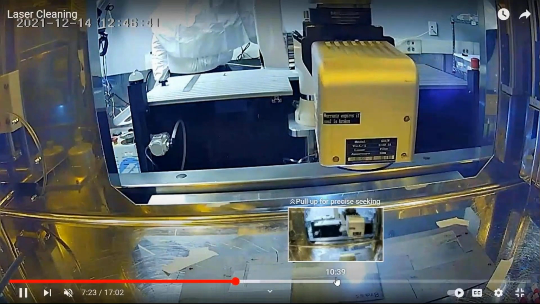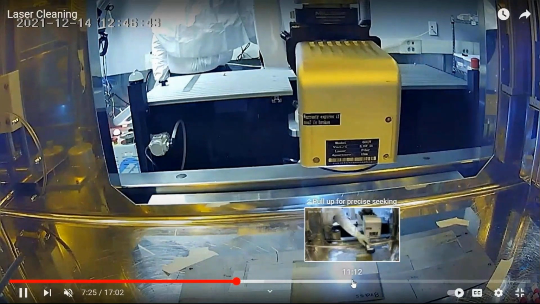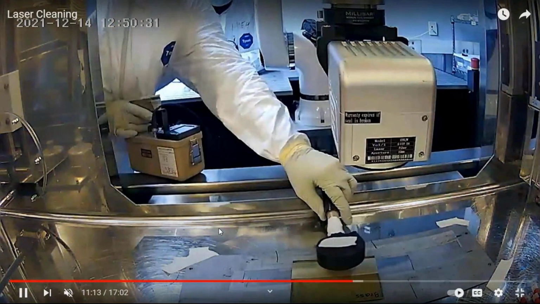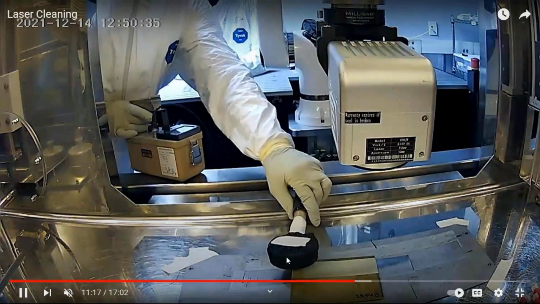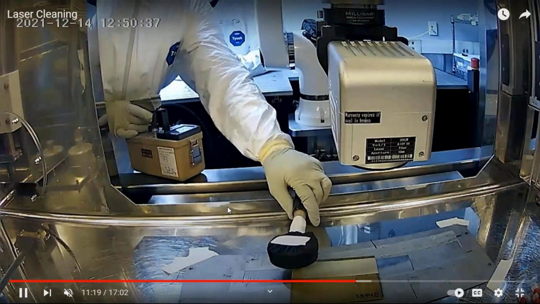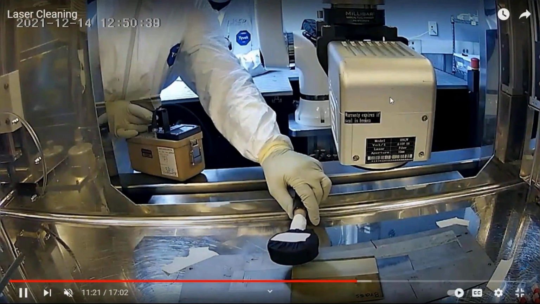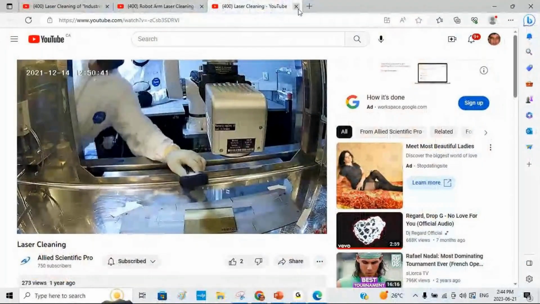And then the radiation engineer would measure after. And if it was below 500 counts per minute, he would stop the process. If not, we would continue on.